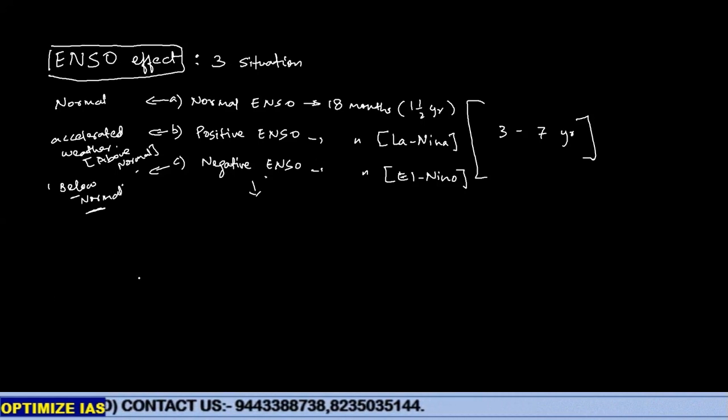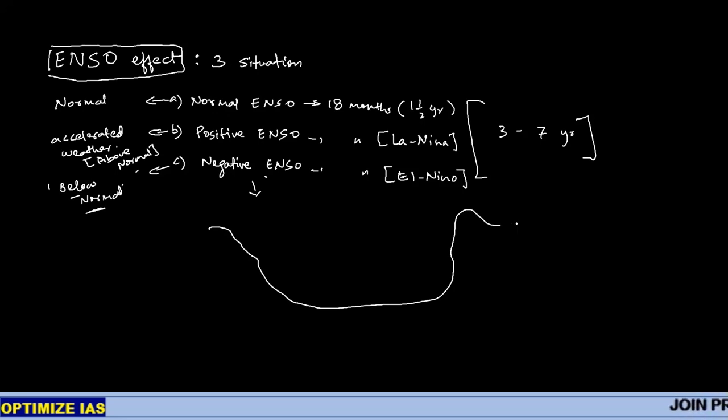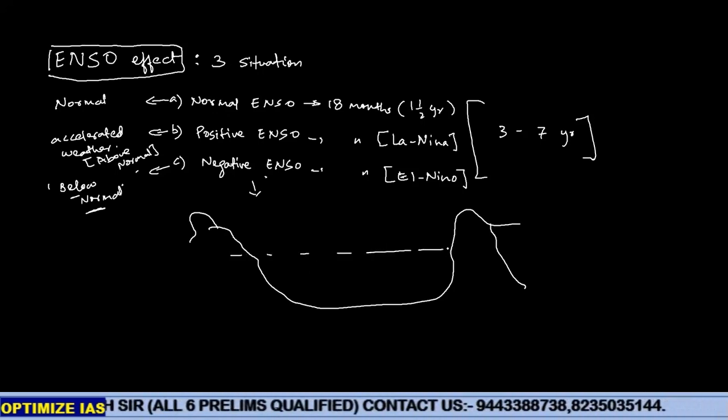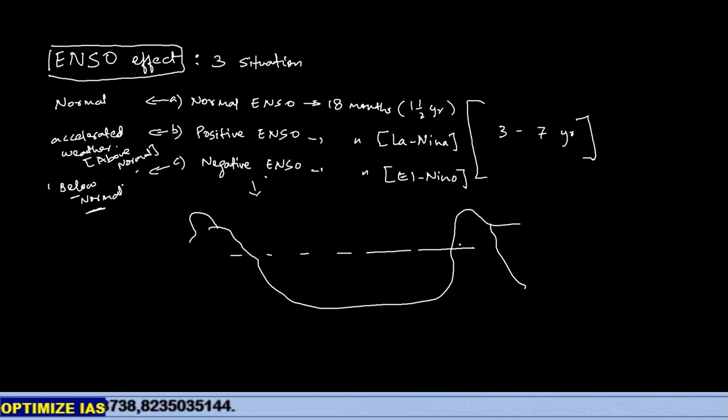So in case of a normal ENSO, what happens? This is a simple situation, try to think. This is a normal situation. This is the southern equatorial region, and this is the South American coast, the Southern Pacific Ocean.